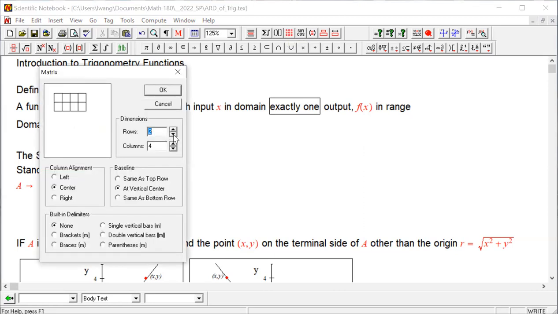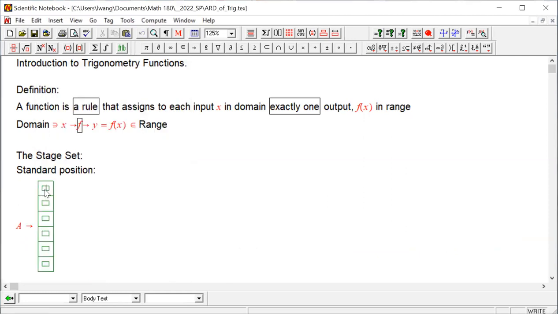Let's say one column, six, all six functions: sine, the rule of sine; cosine, the rule of cosine; tangent, the rule of tangent; cotangent, the rule of cotangent; cosecant, and secant.